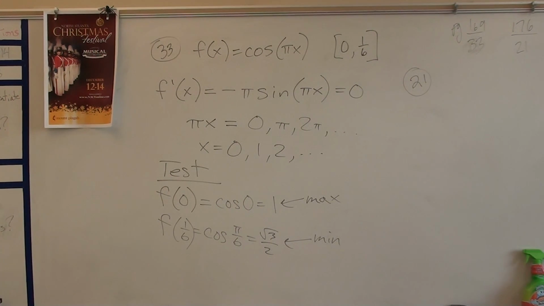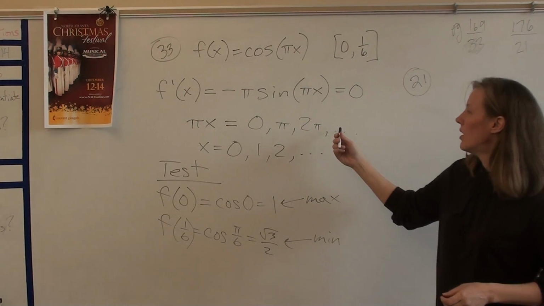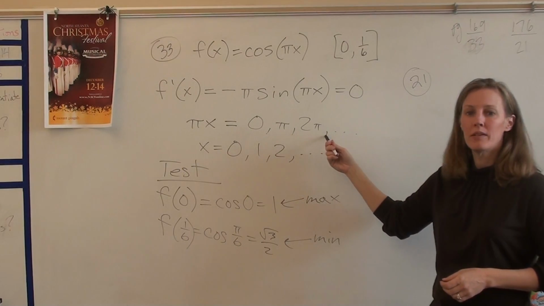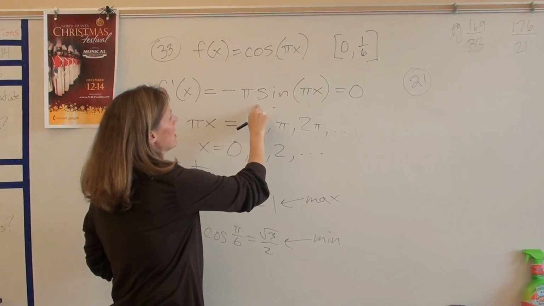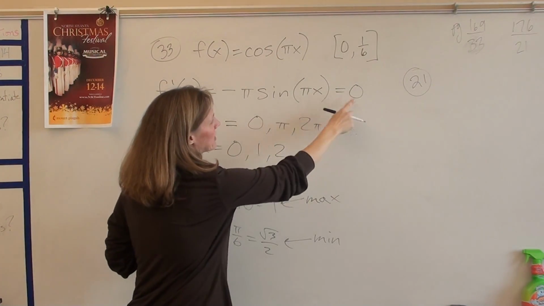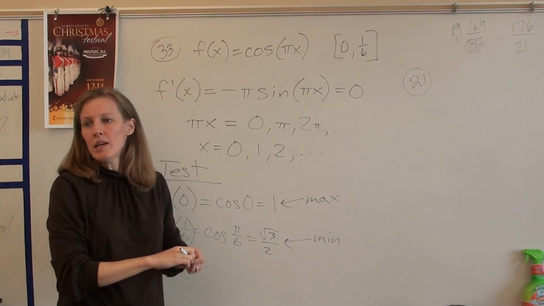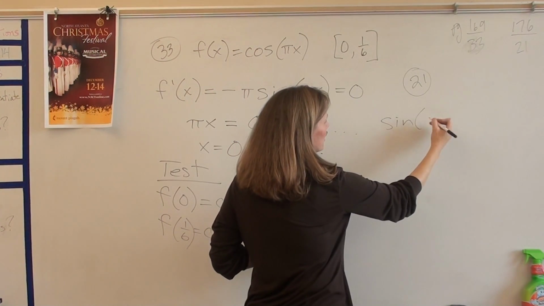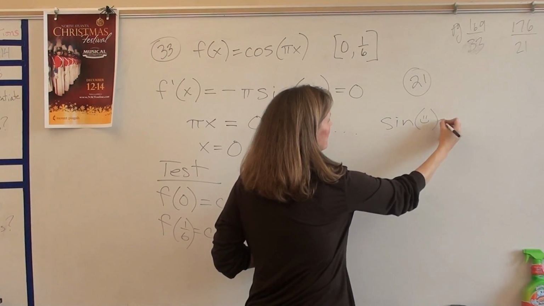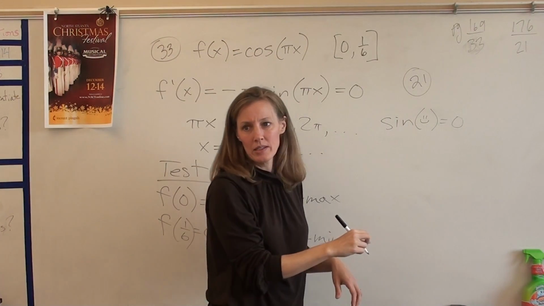Okay, so now, yes? Oh, these? Okay, well, I'm solving the equation sine pi x equals 0, right? If I have sine whatever, think of it as sine happy face equals 0, whatever's in there, right?